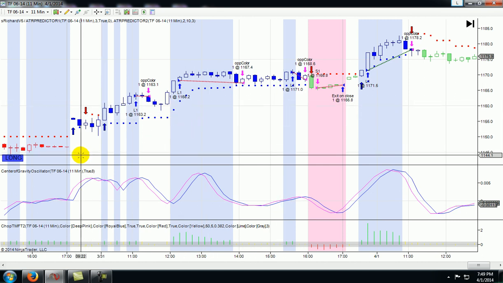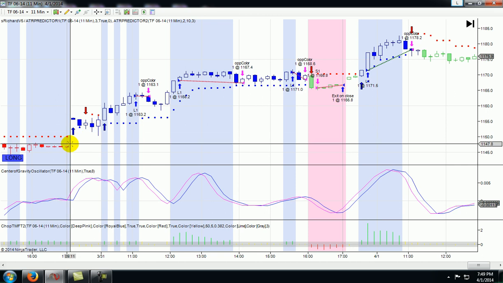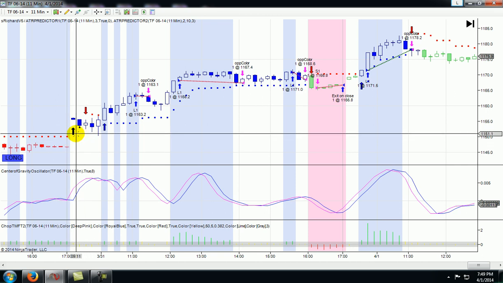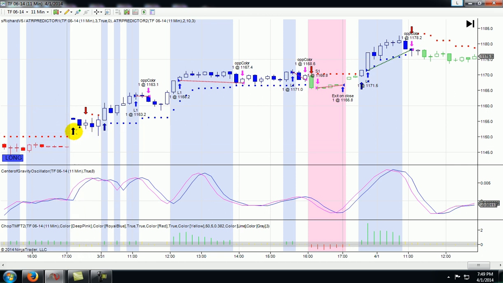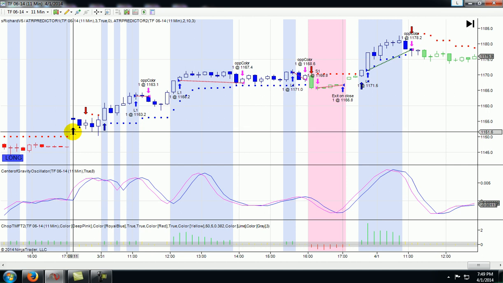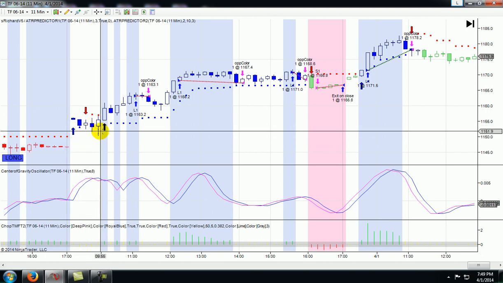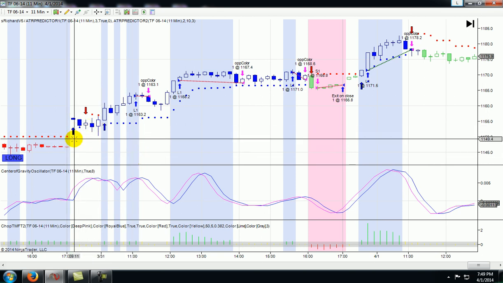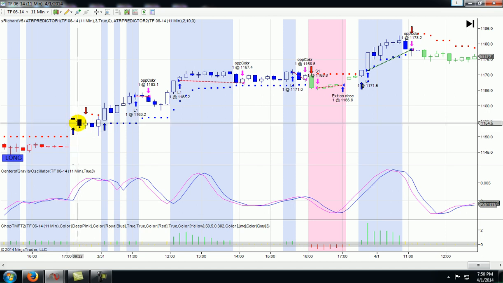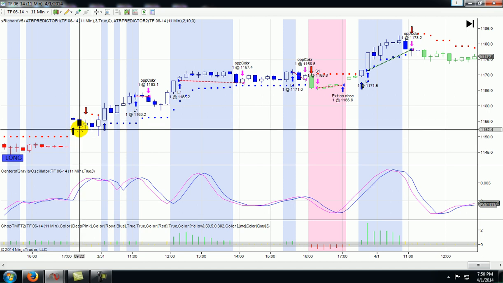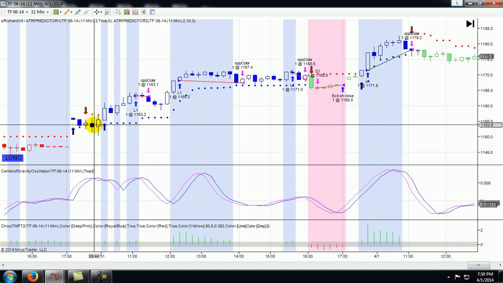However, if I had gotten long with my ATR predictor strategy here, or no, I'm sorry, it looks like we would have had a loser right there. It would have gotten in here and then right back out on the next bar.